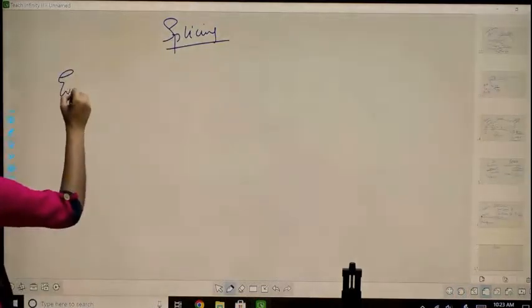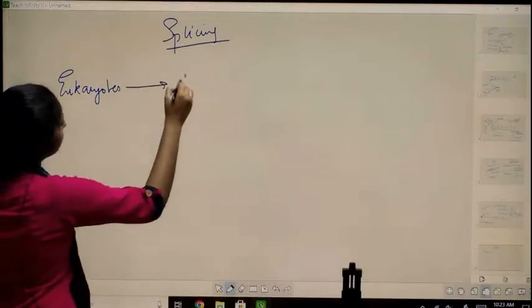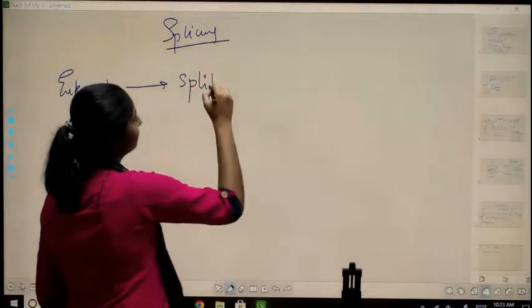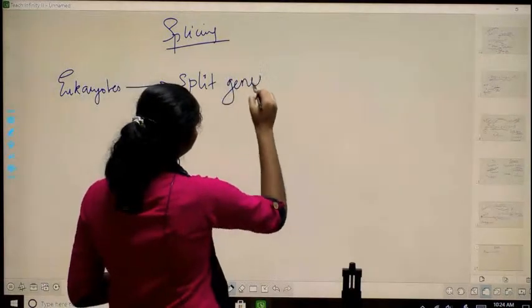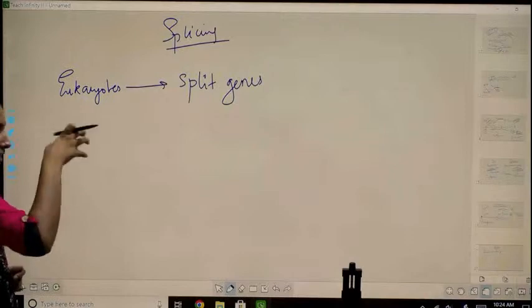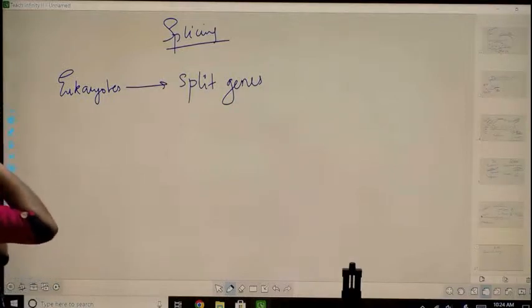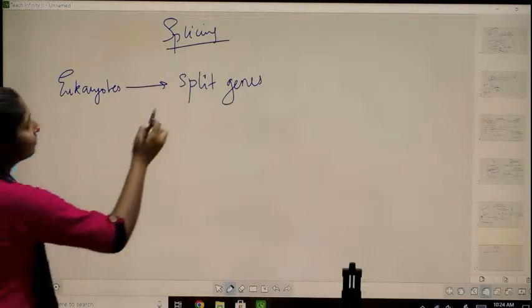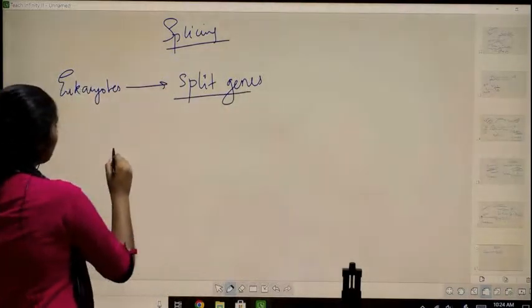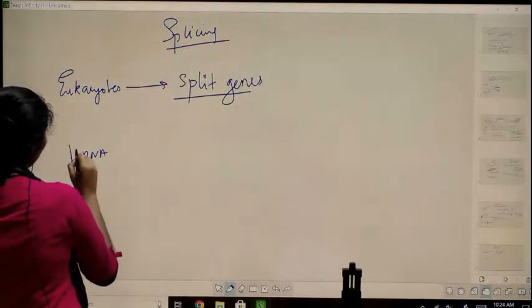Now eukaryotes, they have split genes. What does split genes mean? It means that the coding sequence in their genome is interrupted by non-coding sequences, right? So we say we have split genes, simply meaning that in our mRNA, that is hnRNA for now, right?